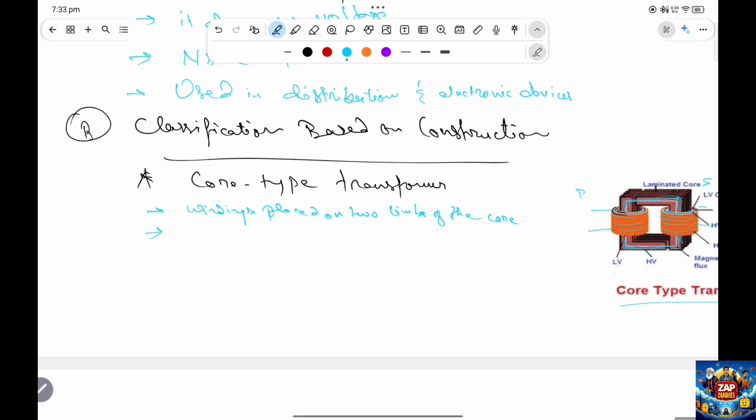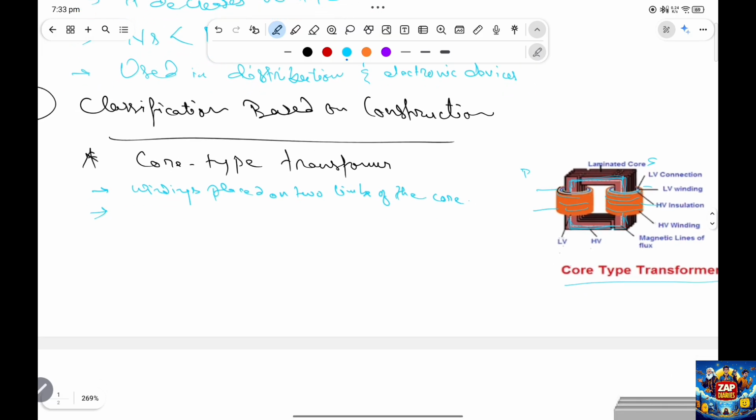Another thing, the application: these transformers are generally used for high voltage operations, or you can say applications. It's better to say applications.